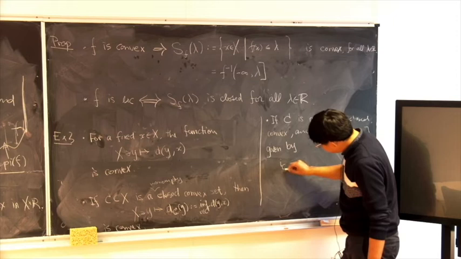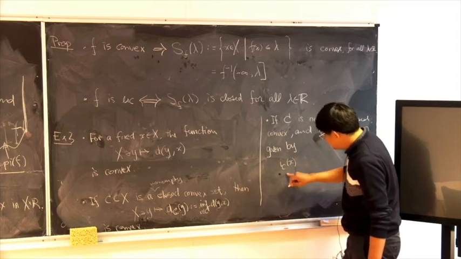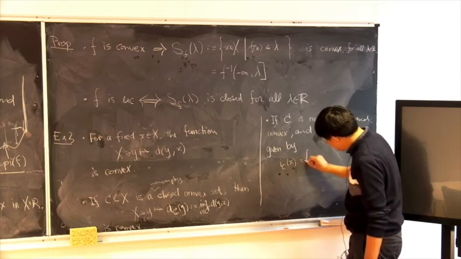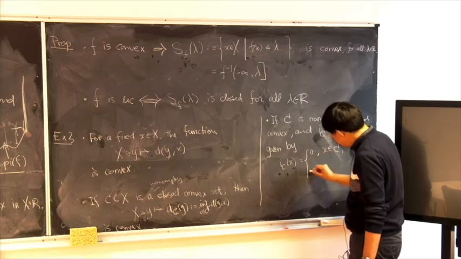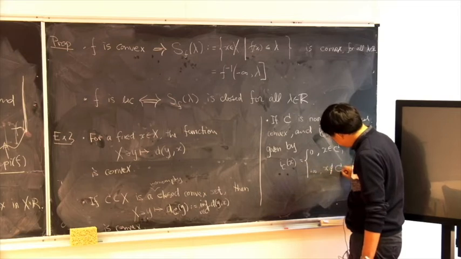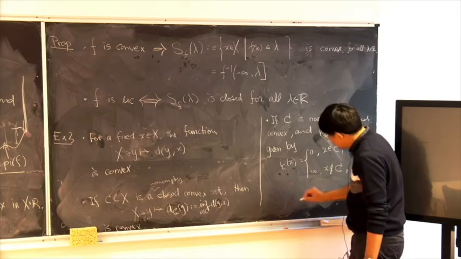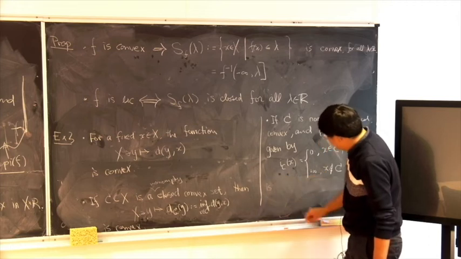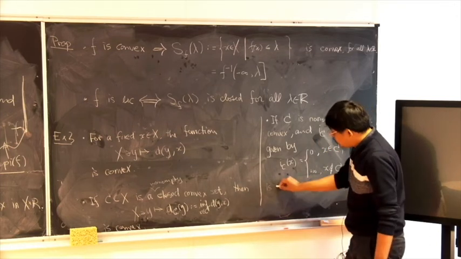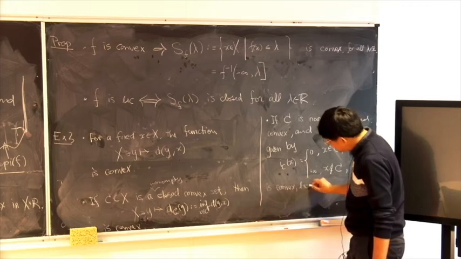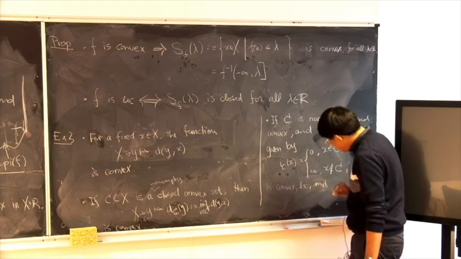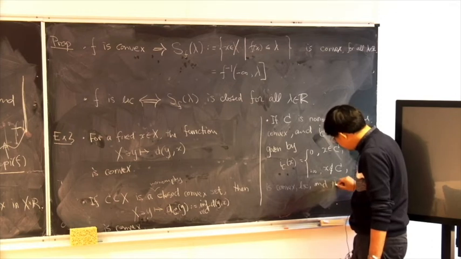So if this function is given by IC at x is defined to be 0 if x belongs to C and to be plus infinity if x is not in C, then it is convex, lower semi-continuous, and proper.